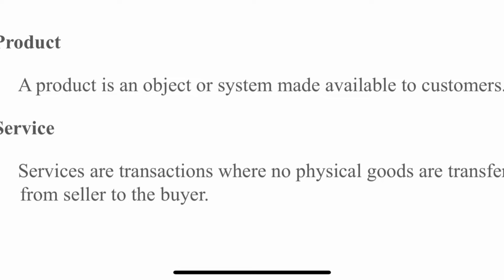When the sale is complete, we can move the product, return it, or even replace it for another product. If you look around you, you will see many products around you. Some examples of products include your mobile phones, laptops, vehicles, and even the chair you are sitting at.